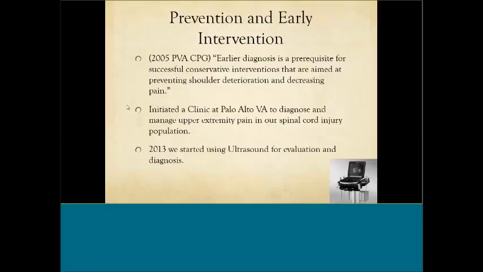Okay, so I was lucky enough to be at the Palo Alto VA at a good time when this became an issue. So I was actually set up as the director of a clinic there really for shoulder health. And we were able to get some nice ultrasound machines, which we now have at Valley Med.